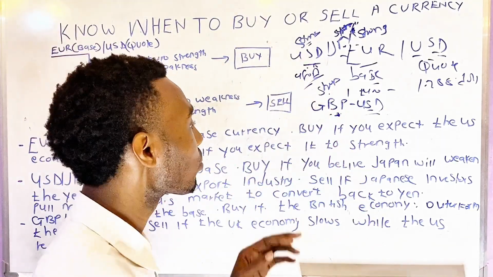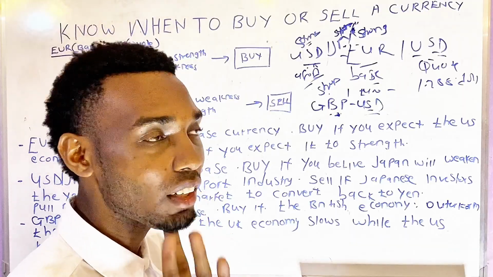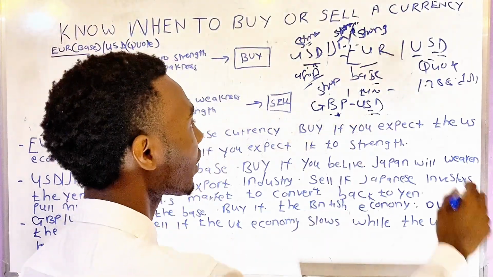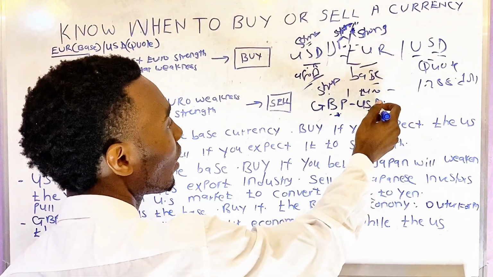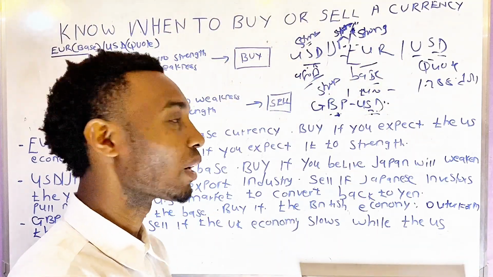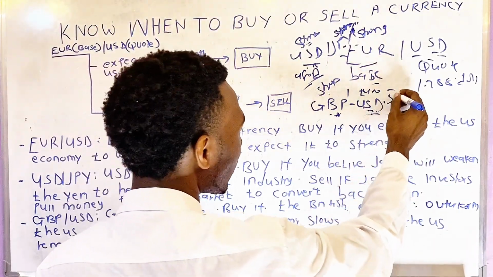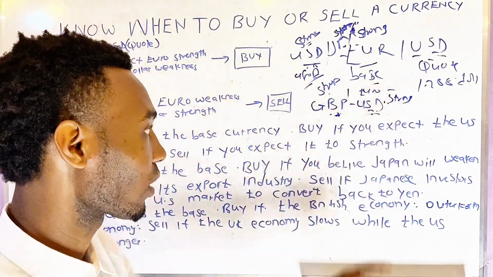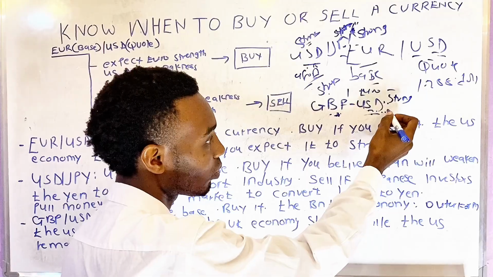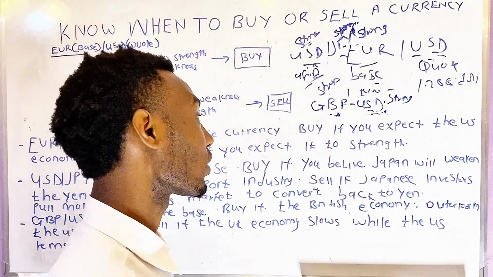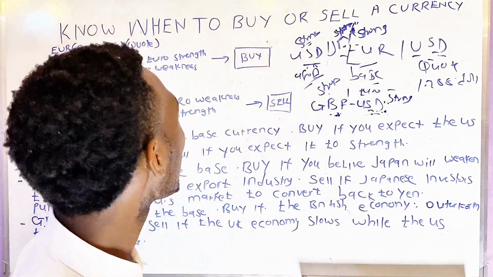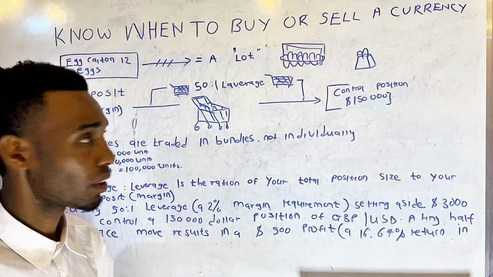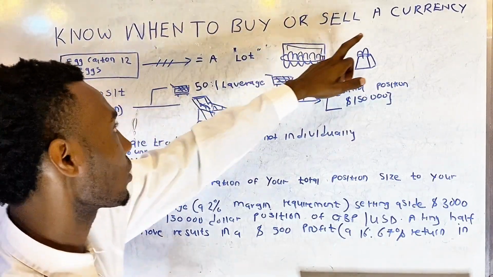If you buy the pound and you later realize the US dollar is getting strong again, you sell the pounds for dollars so that you get profit. That is how you know when to buy or sell currencies.